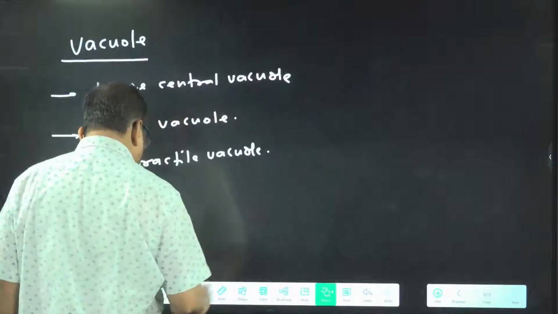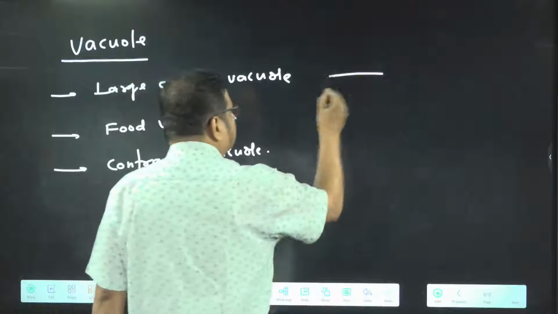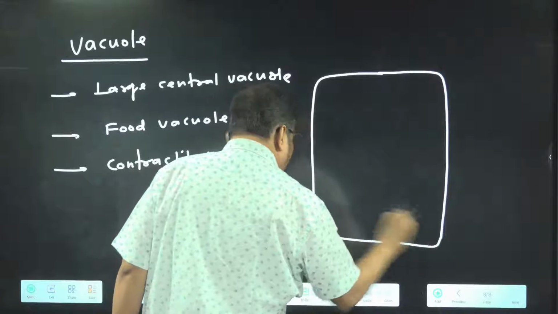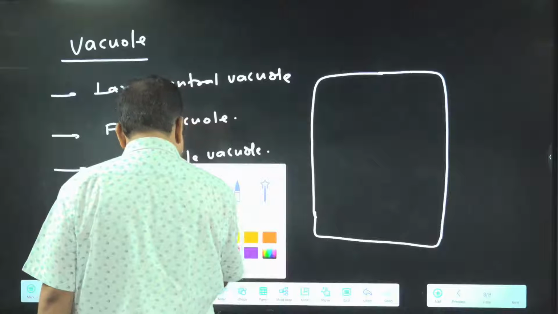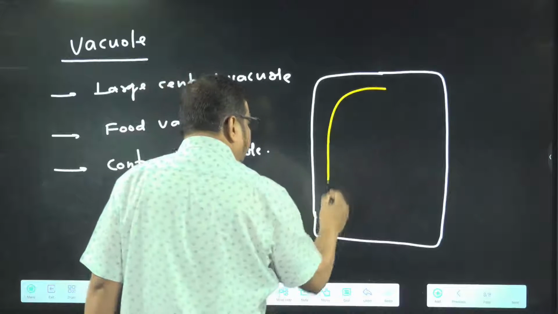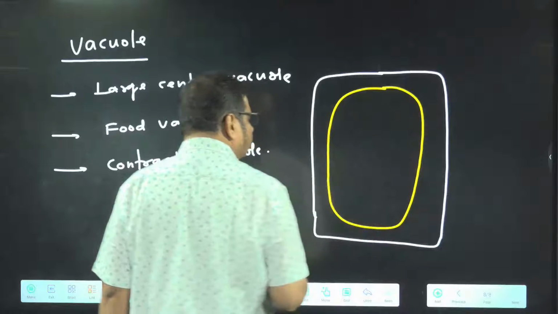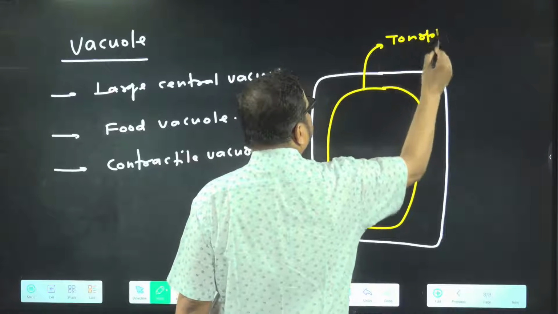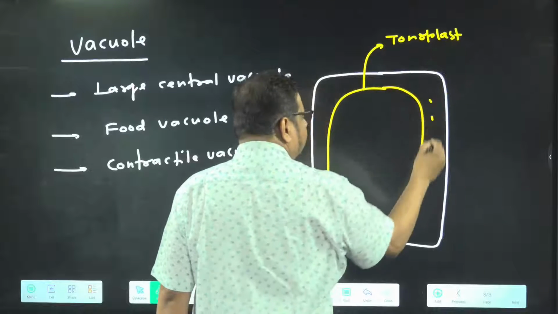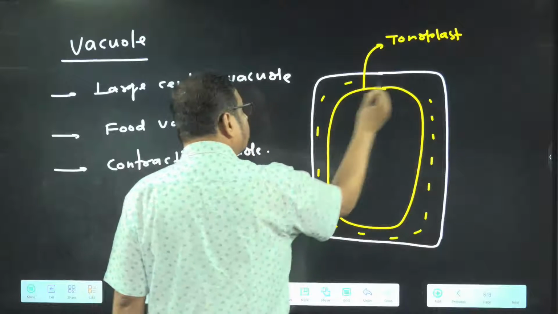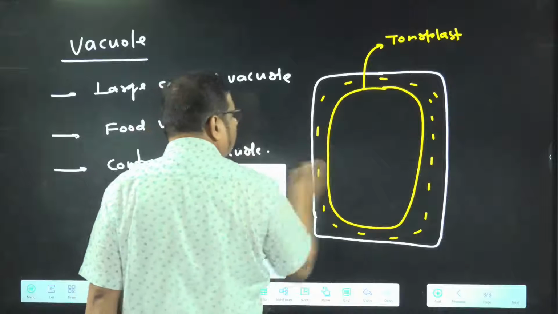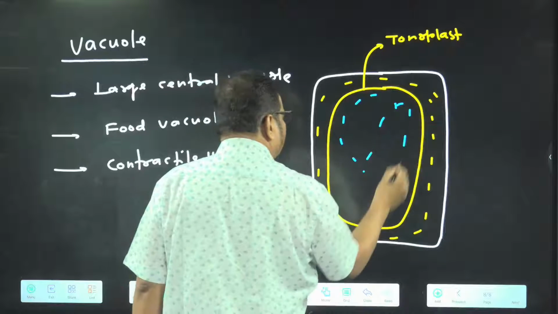Large central vacuole is present in the plant cell. In a plant cell, you will find more than 90% of the area is occupied by the vacuole. This is the membrane of the vacuole, called tonoplast, and here is the cytoplasm. The fluid present in the large central vacuole is called cell sap.